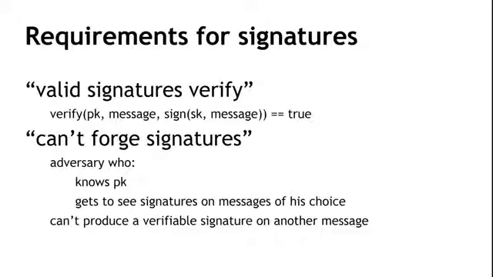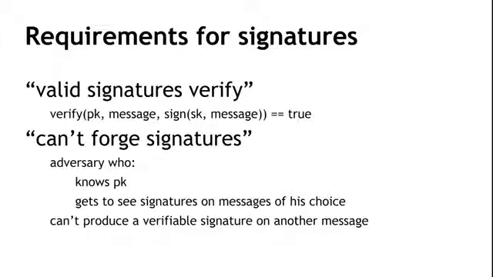The requirements for signatures, at a slightly more technical level, are the following two. First of all, valid signatures will verify. If I sign a message with SK, my secret key, and someone later tries to validate that using my public key and the same message, it will validate correctly.